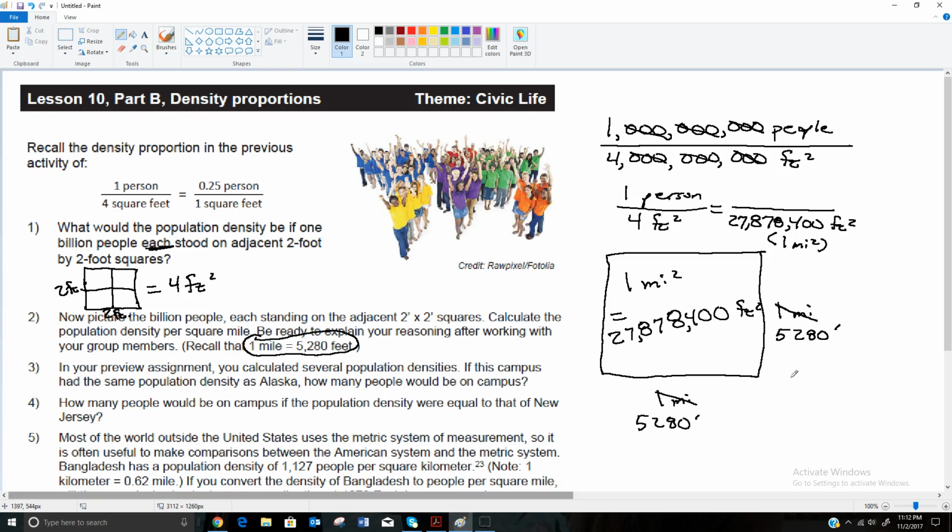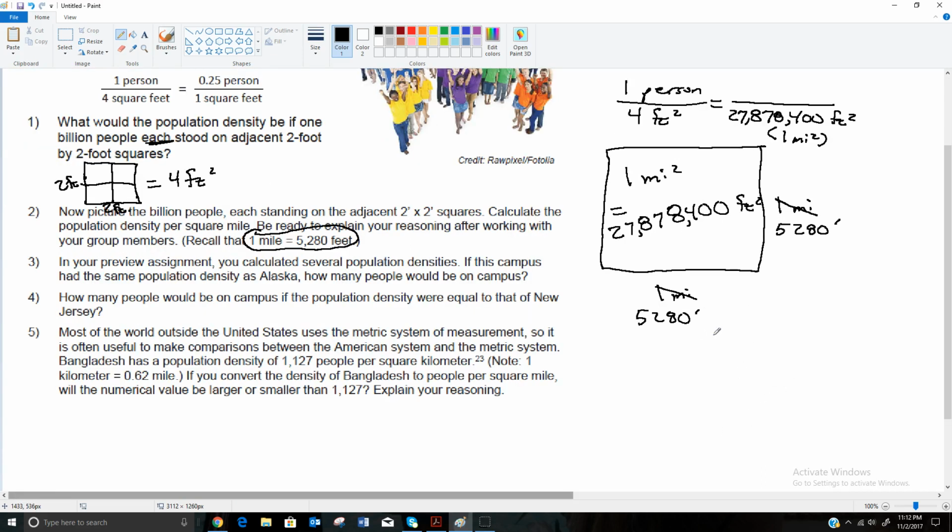Let me write this down here. If we take 27,878,400 and divide that by 4, we get 6,969,600.